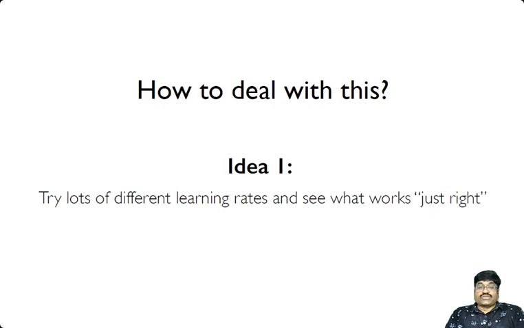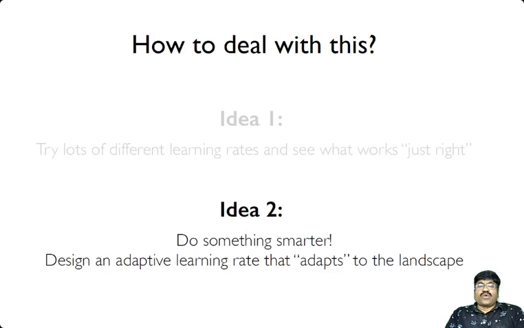Another option is to do something a little bit more clever and try to have an adaptive learning rate that changes with respect to our loss landscape. Maybe it changes with respect to how fast the learning is happening, or a range of other ideas within the network optimization scheme itself.